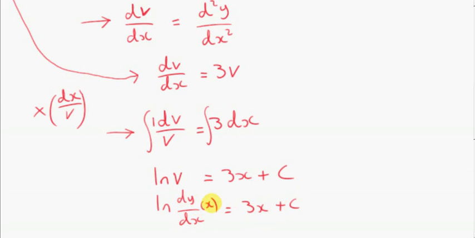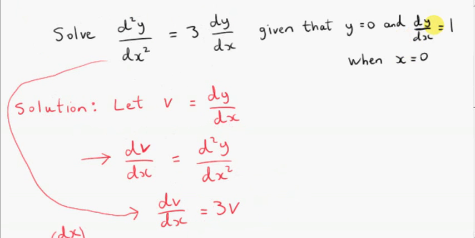You can stick x in brackets after, just to emphasize that dy dx is a function of x, if you like. Now if you go back up here, we see that dy dx equals 1 when x equals 0. Another way to write this boundary condition is that dy dx at x equals 0 is equal to 1.